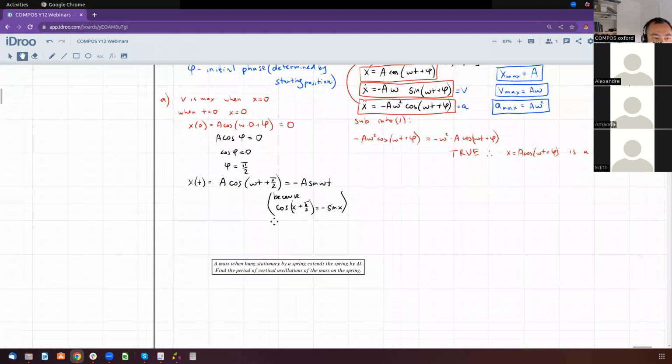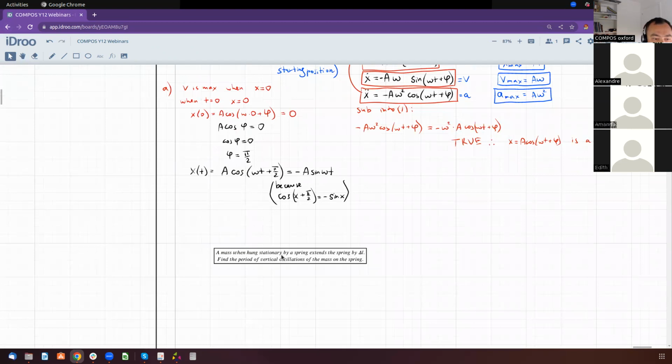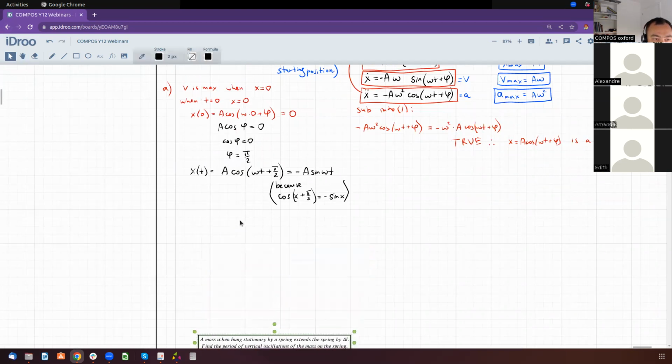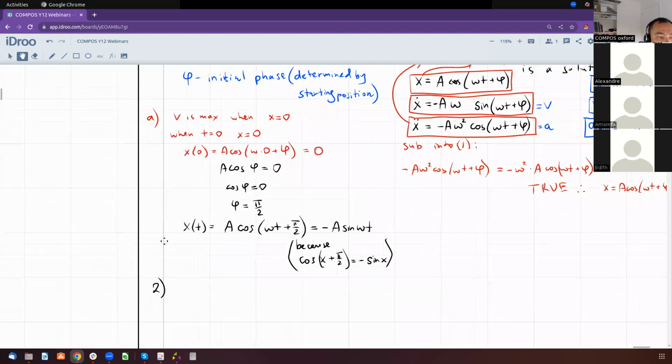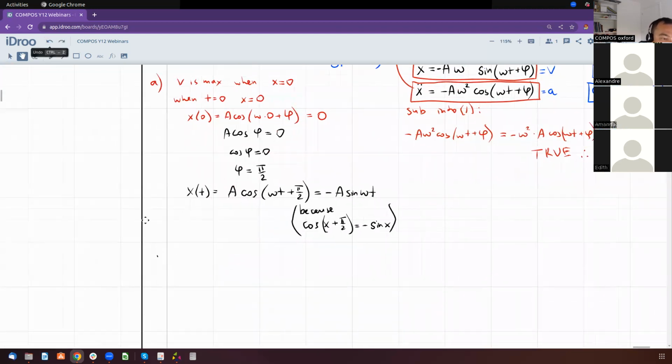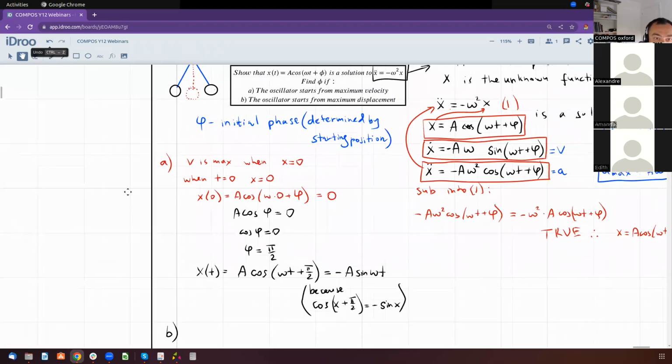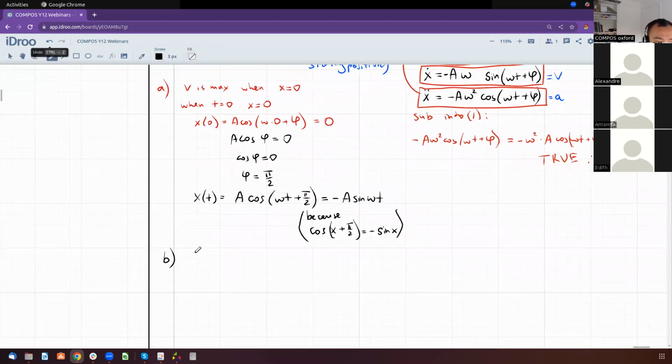All right. And B. It says it starts from maximum displacement. So basically it says when t is 0, x is going to be a maximum displacement.